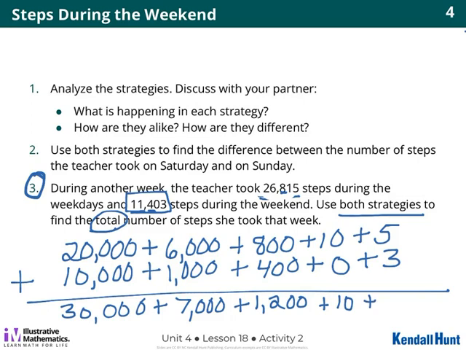What is 5 plus 3? 8. Okay, then I have to add those numbers up to get my final answer, right? What is 30,000 plus 7,000 plus 1,200 plus 10 plus 8? Keston, what is our final answer?